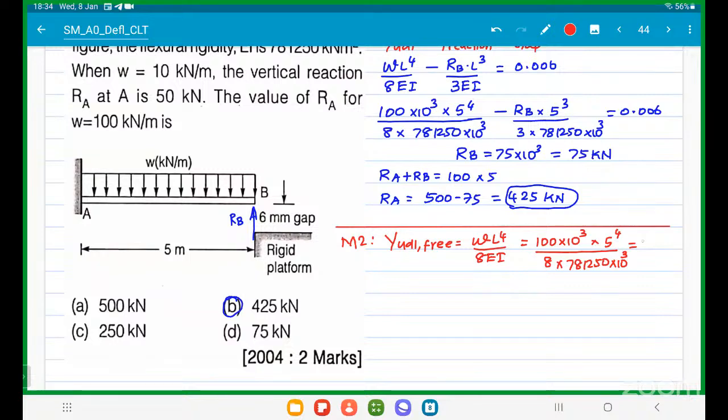10 mm, sir. This is equal to 0.010 meter, equal to 10 mm. What is the gap? Y free is greater than gap. It means partially disturbed.